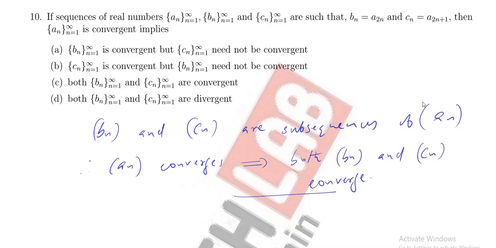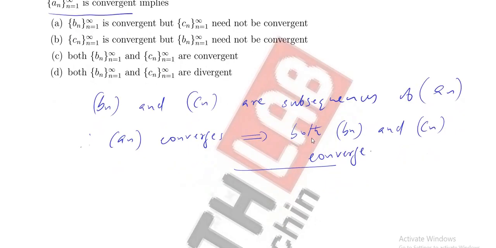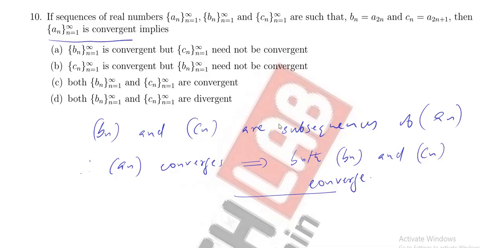It's given that an is convergent. Every subsequence of a convergent sequence is again convergent, and converges to the same limit. We have the theorem. So an converges implies both bn and cn converge to the same limit of an. So C is the correct answer.